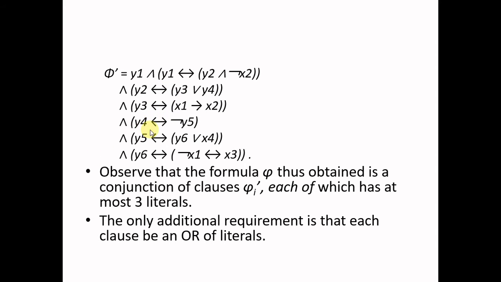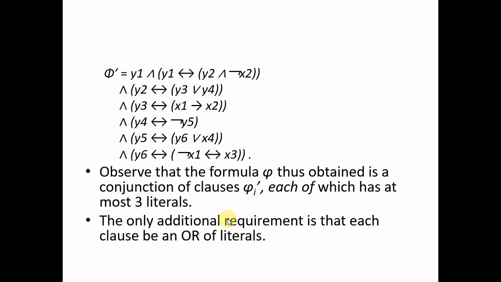The only additional requirement is that each clause be an OR of literals. So you got an AND of clauses. Your second condition is that each clause should be an OR of literals, and each clause must have 3 distinct literals. The first condition, the AND of clauses, is available now.